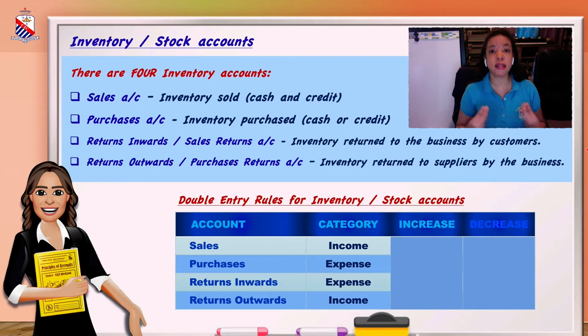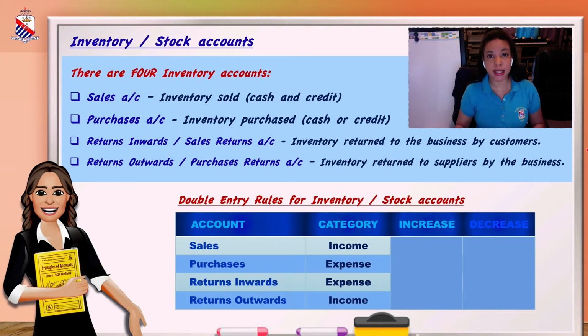You're going to sell something or provide a service, but we are dealing with the selling of goods, not the provision of services. So you're going to have to sell inventory. That is how you're going to earn most of your revenue. Yes, there are other ways of earning revenue, but that is not your main objective for your business.